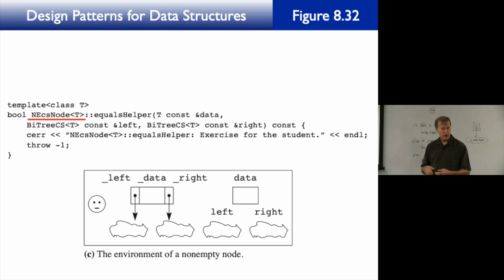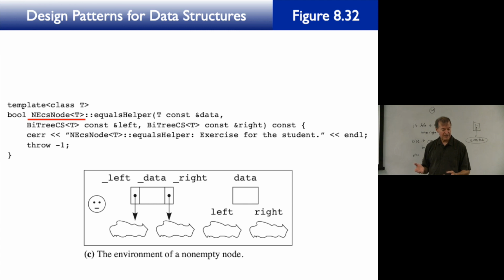First of all, you know right off the bat that if underscore data and data are not equal, you should do what? Return false. So that's the first thing you should check. Otherwise, how can these two trees be equal?